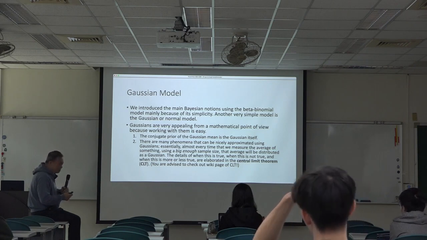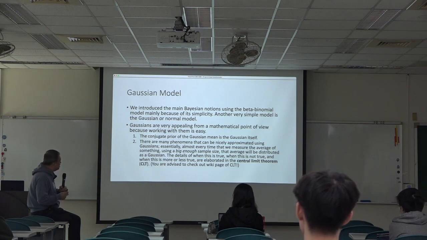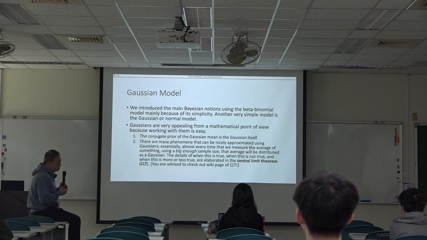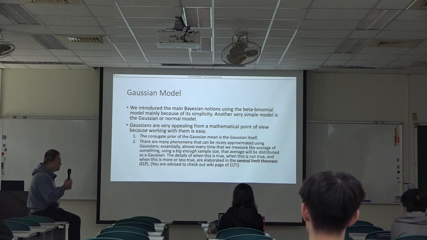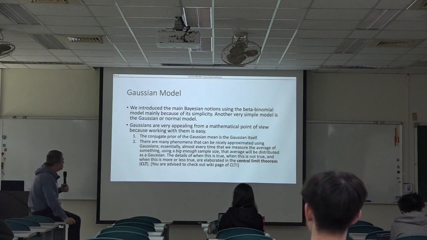The beta binomial model is used for explanation because it is very simple, easy to understand, and happens to have a conjugate prior, so that we can show not only a grid approach but also the conjugate prior. But there's another simple model that we can consider, obviously the Gaussian, or what we call the normal model.